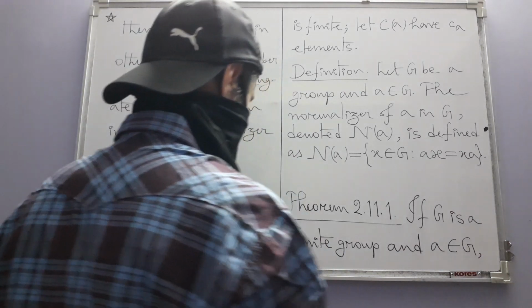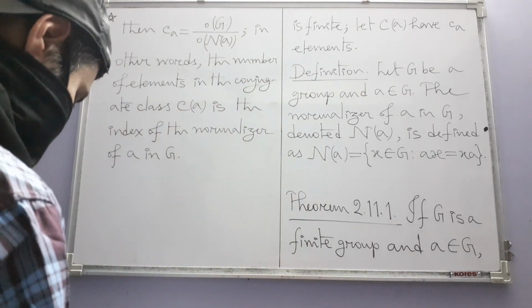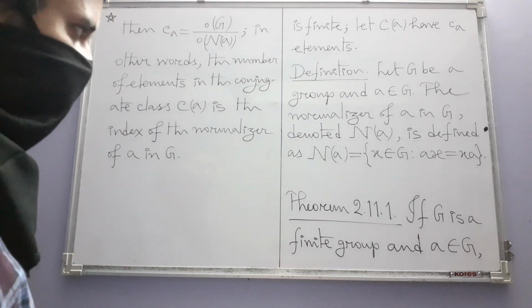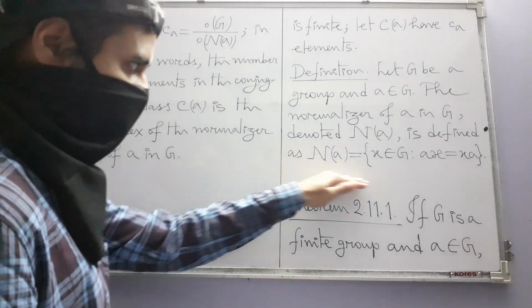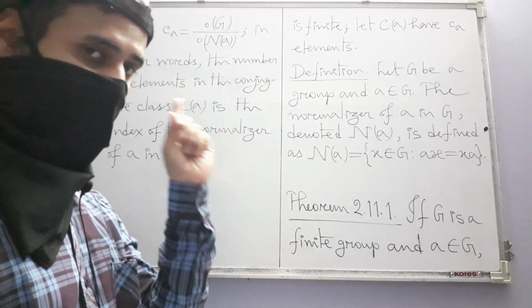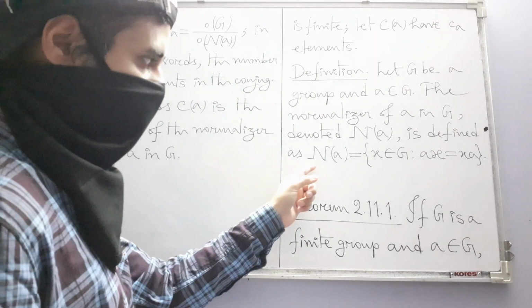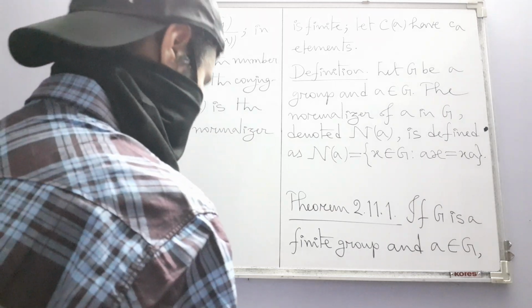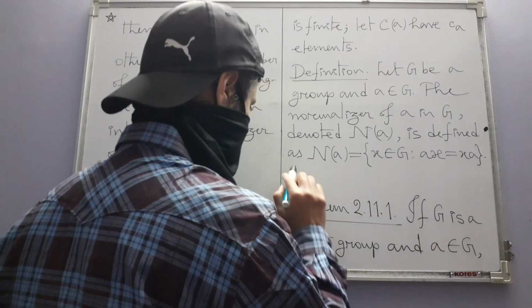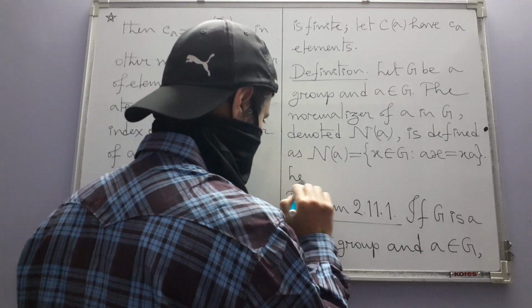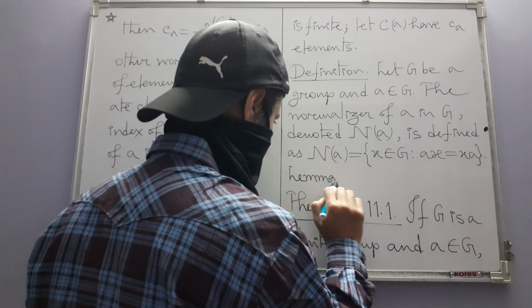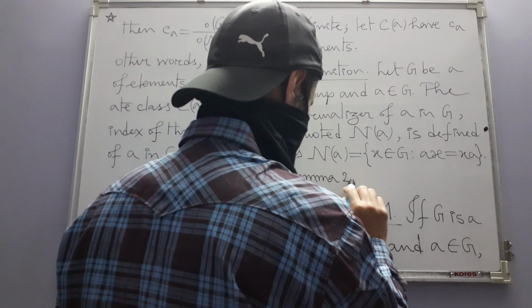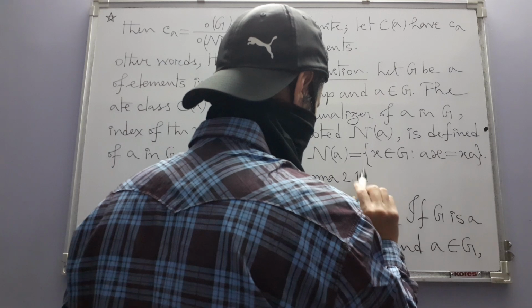Now, there is a result which is also something we have already proved. In fact, the next result is what we proved in that exercise where we came across the notion of normalizer for the first time. So that result is a lemma. This is lemma 2.11.